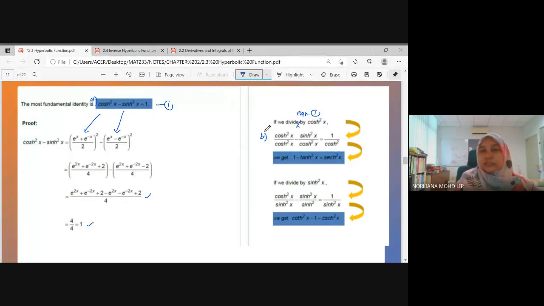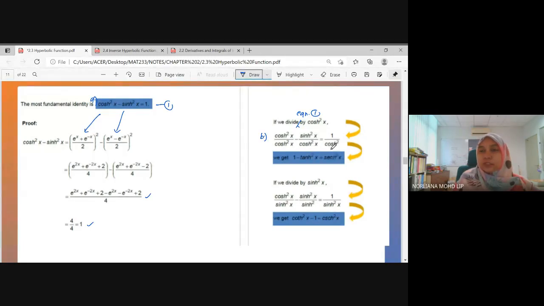We divide equation 1. So we get this answer lah. We simplify. Okay, cos 1 hyperbolic sine square over hyperbolic cos square equal to hyperbolic tangent square.